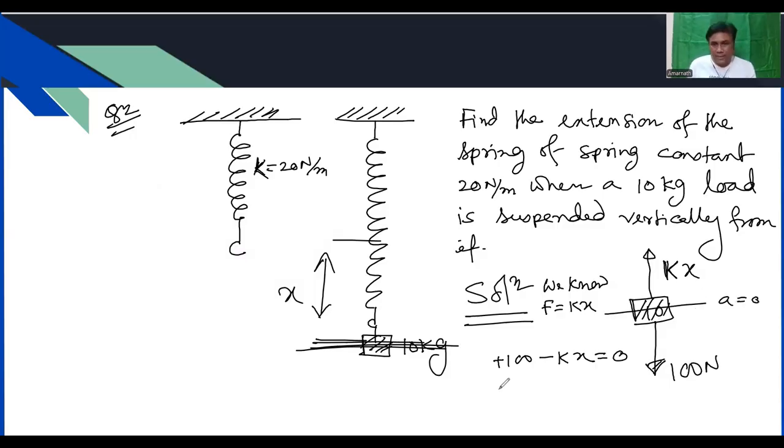So from that, what do I get? 100 equals K into X. That X is elongation only, nothing else. K value is 20. So X equals 5. All are in SI, so it will be 5 meter only.